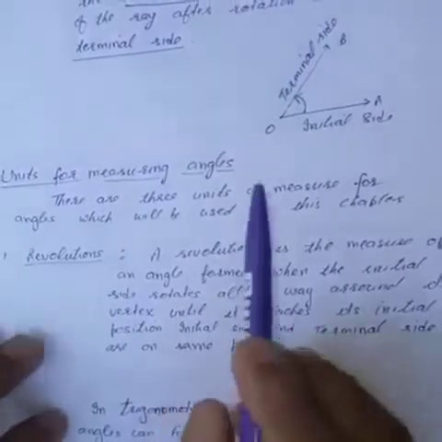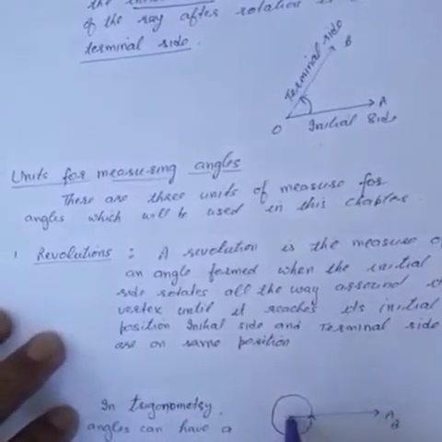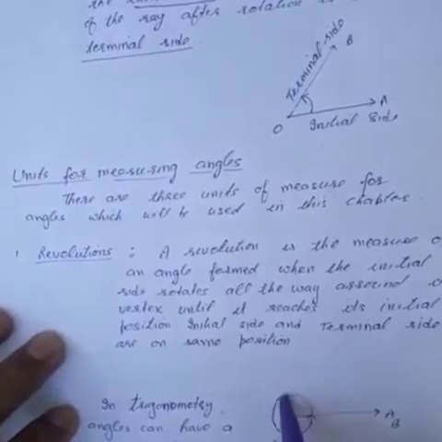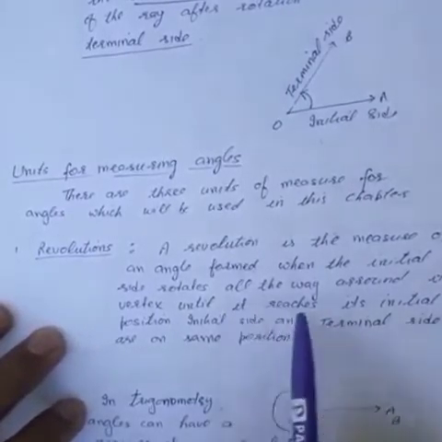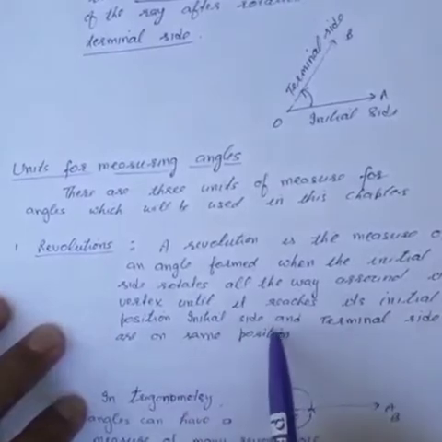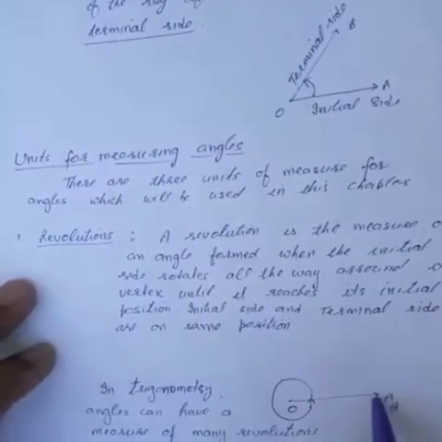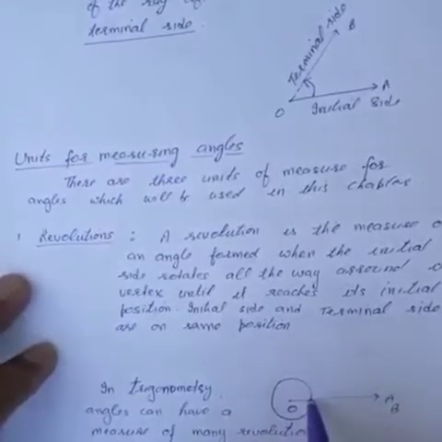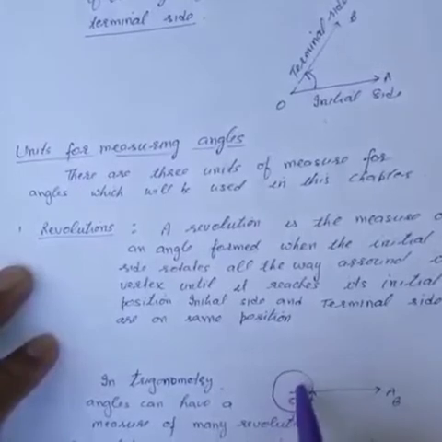It means when a ray starts rotating from the initial position and after rotation it again reaches its initial position, then the initial side and terminal side will be in the same position. In this way one complete revolution will be formed. This is one complete revolution.